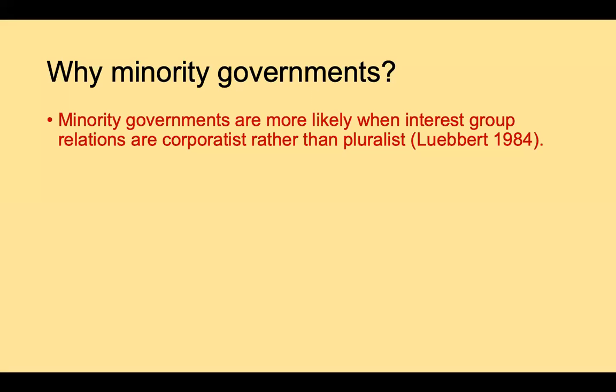And this is a corporatist arrangement because of how centralized and organized the process of wage setting is. One reason that minority governments sometimes exist is because these corporatist interest group arrangements can also create positions of substantial influence within the political system that really lie outside of the executive or lie outside of the government.